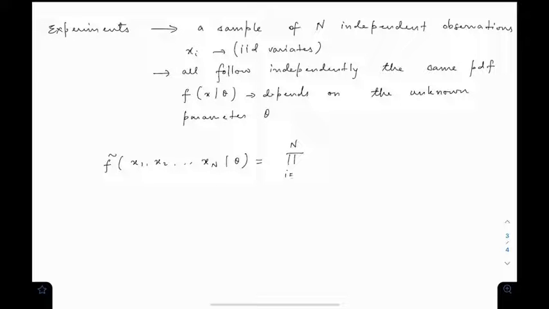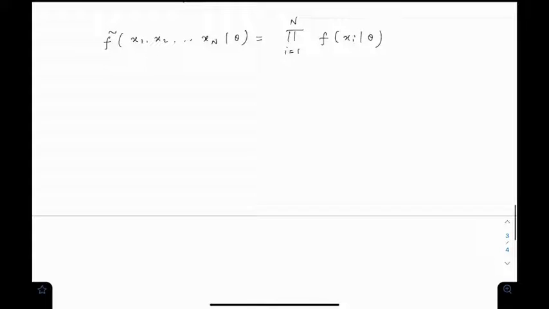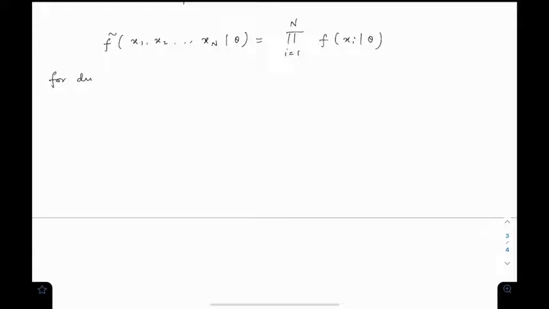This is a product where i goes from 1 to capital N. And similarly for discrete variates, we have w tilde for k1 up to kn given theta. It once again comes out as a product, i equals 1 to n.